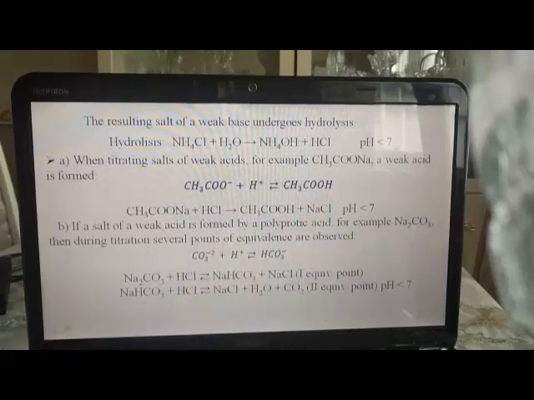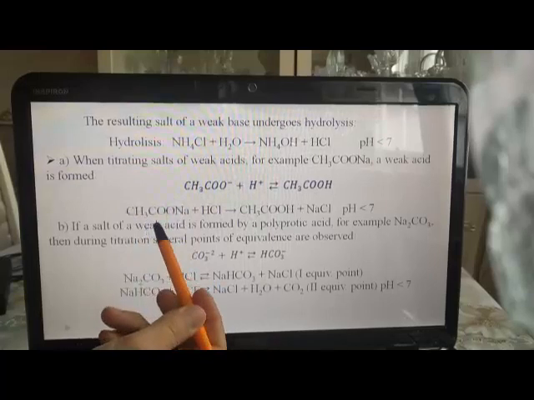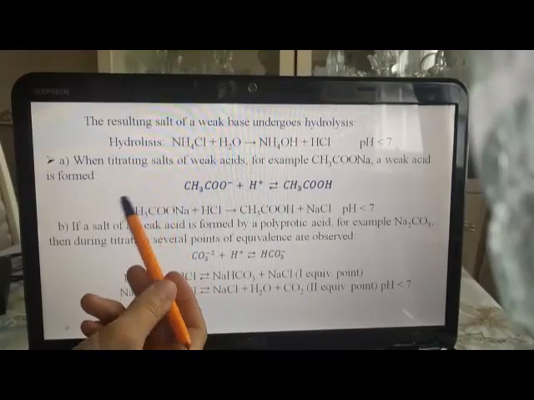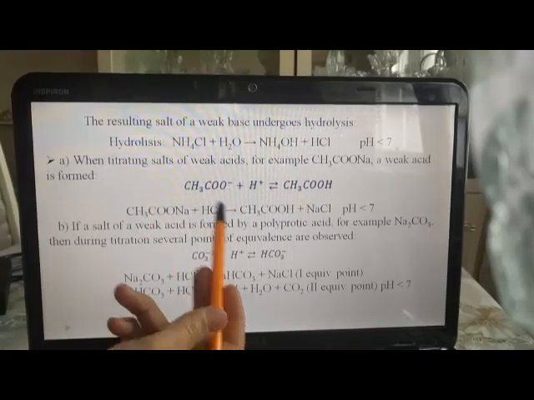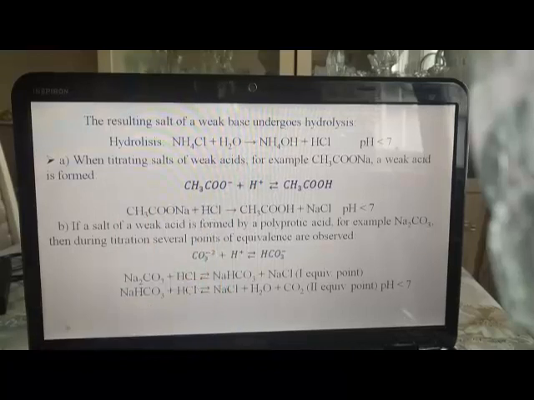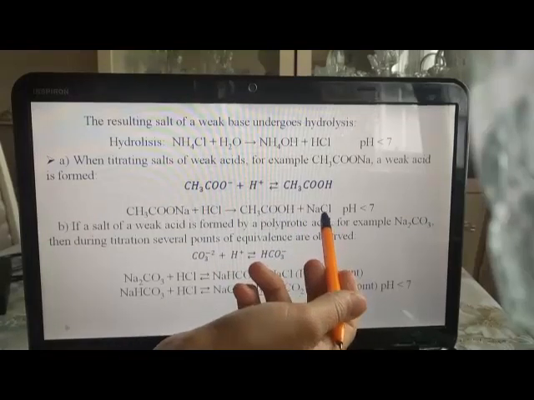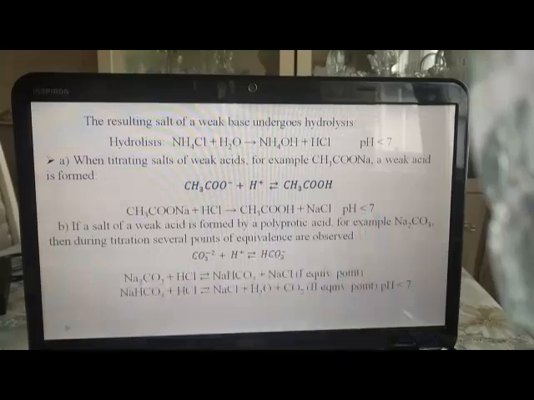It's a titration of the salt which is formed from the weak acid and strong base. The reaction with hydrogen chloride, a strong acid, forms weak acid and salt, sodium chloride, and the pH in this case is less than 7.